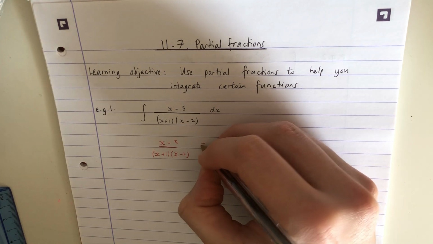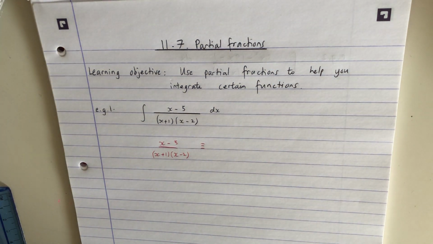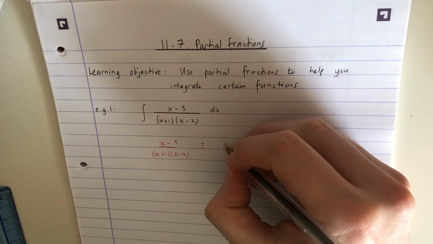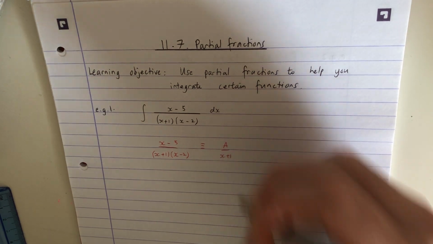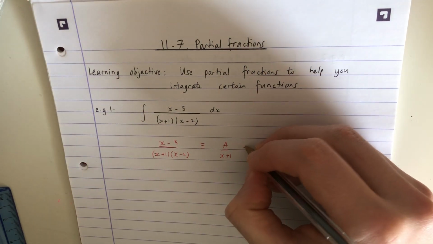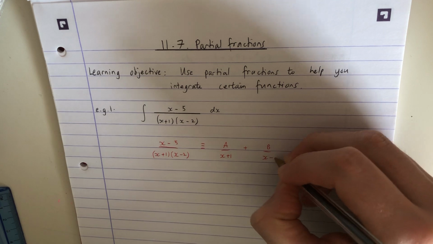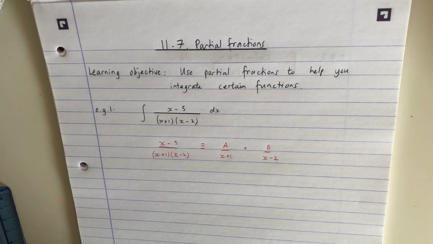And you need to be aware that the partial fractions for this looks like the following. This splits up into A over x plus 1 and B over x minus 2. And the values of A and B are something we need to find out. And that's a type 1 partial fraction. And to find out these A's and B's, there's lots of ways of doing it.